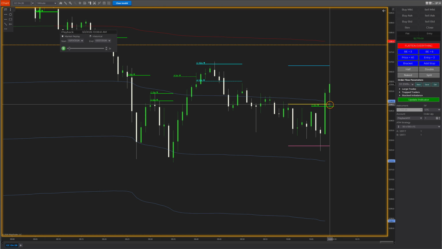Yeah, that could almost be considered a valid trade. I'd like to see it take a trend up, then come down, and then wick that level. But yeah, this looks pretty good.